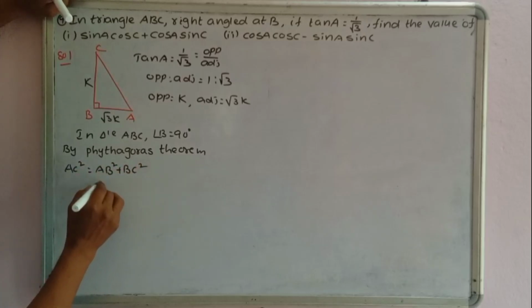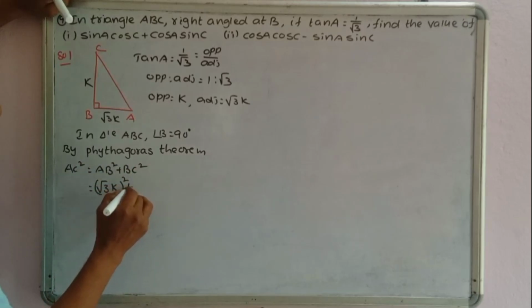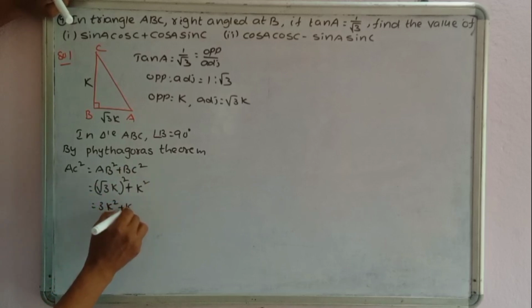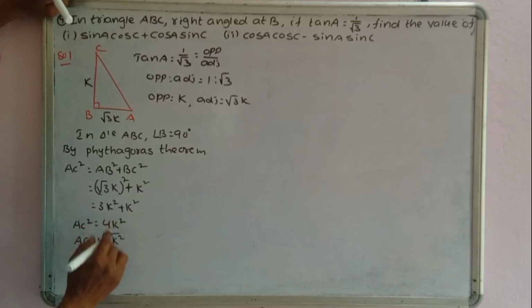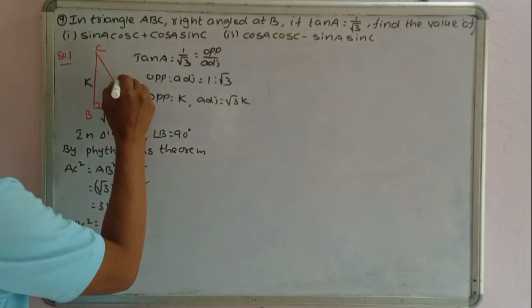So AB value is root 3k whole square, BC value k square. So square root of 3 square is nothing but 3k square plus k square, that is 4k square. AC square equals 4k square. So AC equals square root of 4k square. Square root of 4 value 2, square root of k square value k. Therefore the value of AC is 2k.